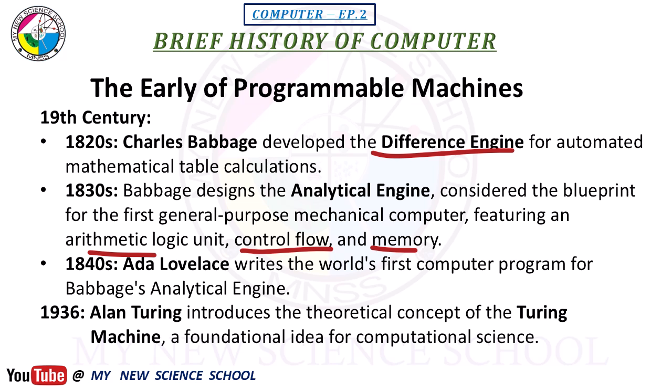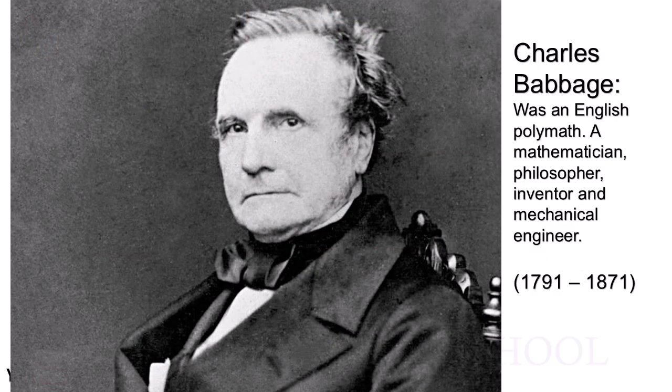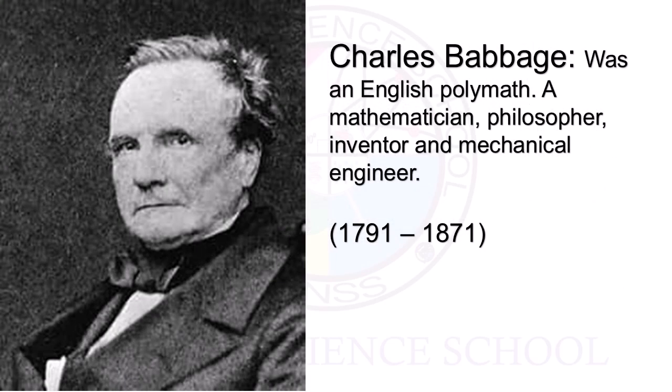So who is Charles Babbage? This is him. Charles Babbage was an English polymath, a mathematician, philosopher, inventor, and mechanical engineer. So in the 1820s, he invented the difference engine, while in the 1830s, he invented the analytical engine.